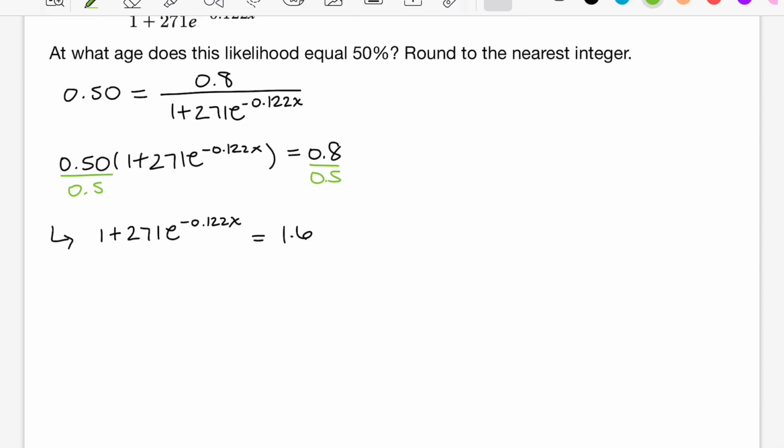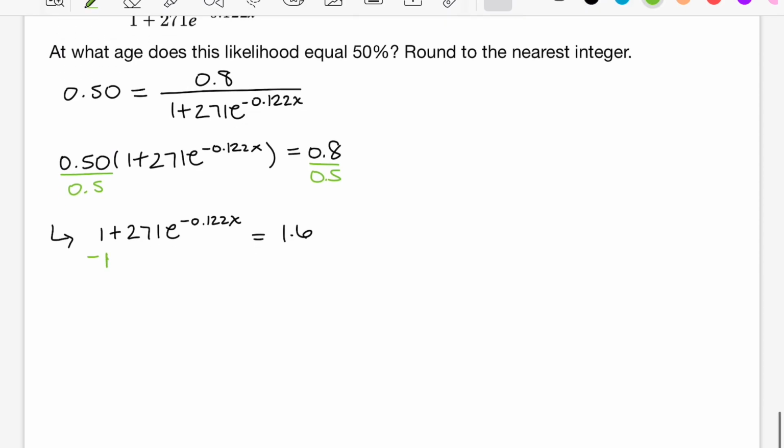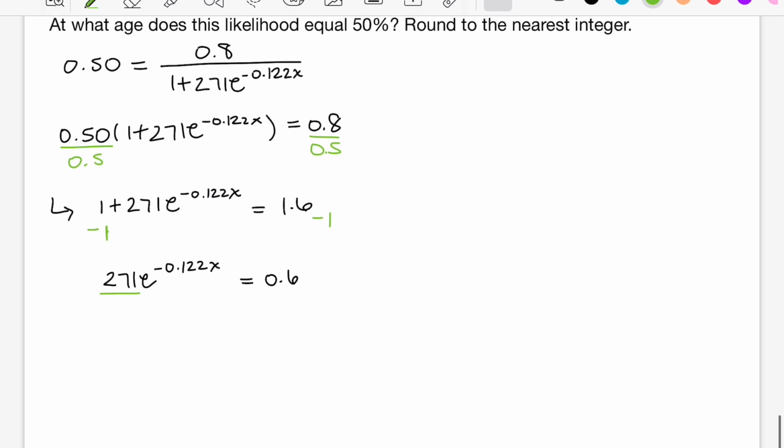All right, next thing we'll do is subtract 1 on both sides. So we'll get 271 times e to the negative 0.122x. It's going to be equal to 0.6. Next up, we'll divide by 271 on both sides. We'll get e to the negative 0.122x will be equal to 0.6 divided by 271.